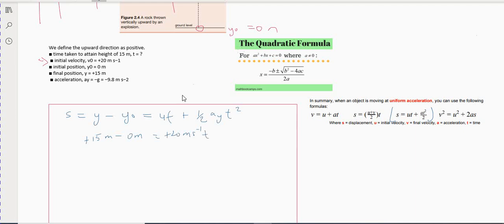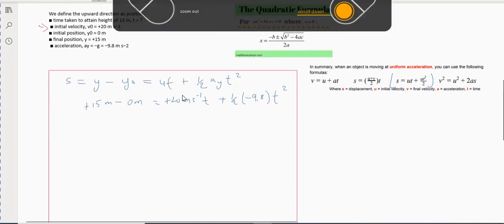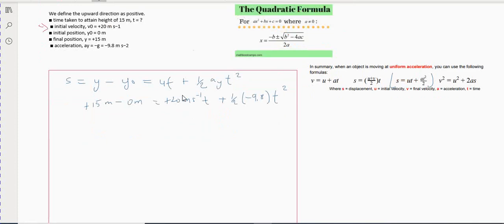And then we are going to add a half times the acceleration due to gravity, which is going downward, so that's going to be negative 9.8. Good. All of that being multiplied by t squared. With that being said, now we can do a little bit of rearrangement.